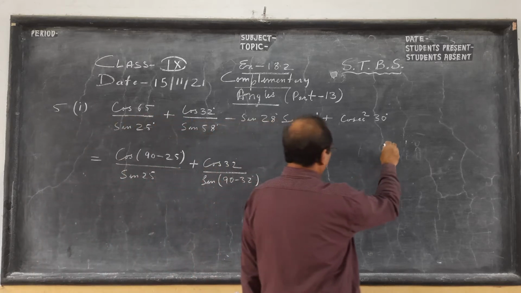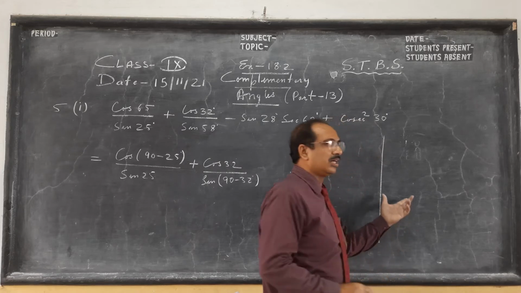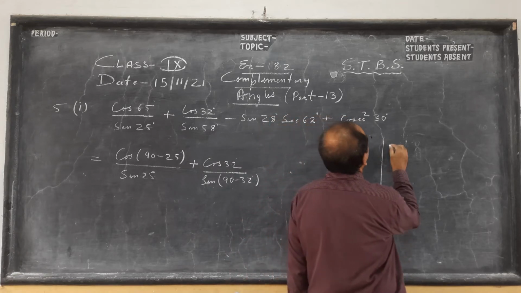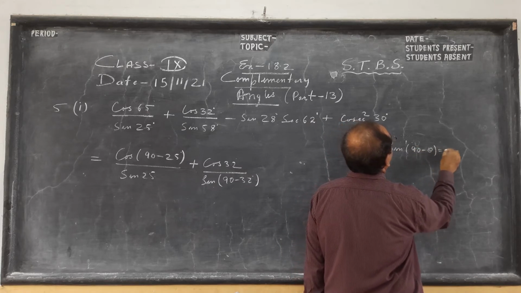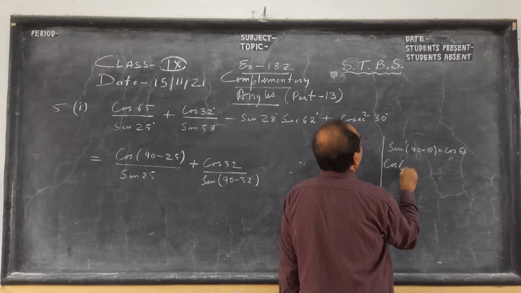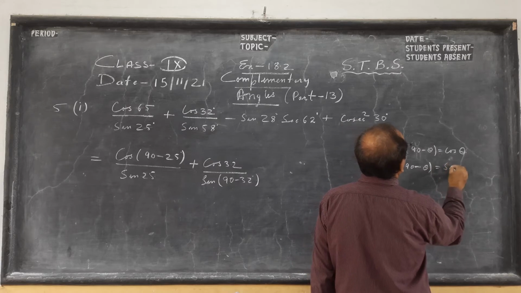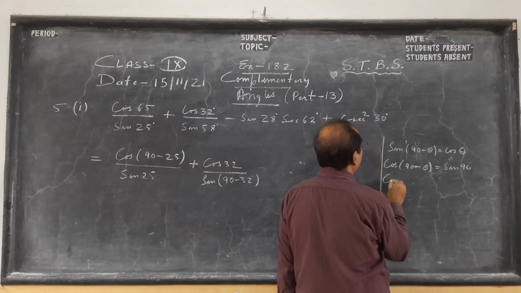But before I go on, just to recapitulate, you should write the values of standard angles. What you should write here: sine (90 minus theta) is cos theta. These are the 6 things you must write. Cos (90 minus theta), as I said in part 4 of the video, is sine theta.